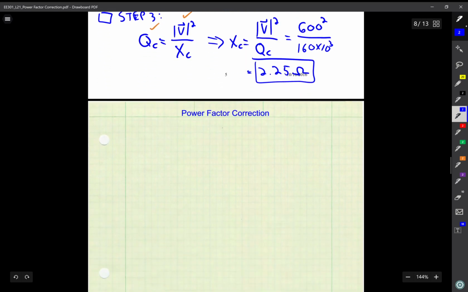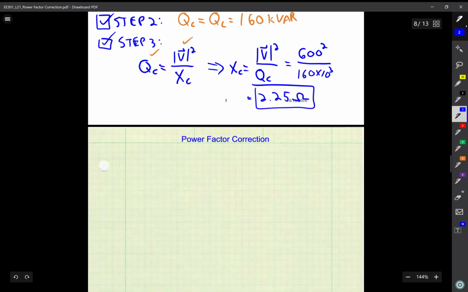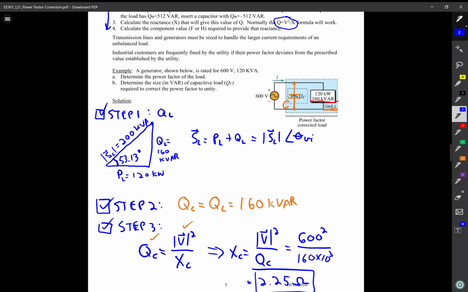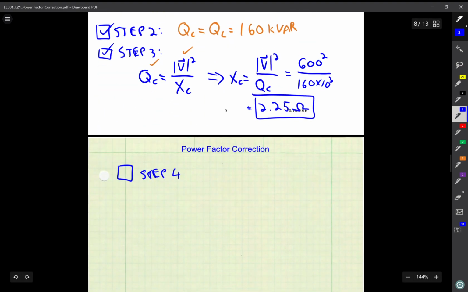Now, step four in the problem is then to take that reactance and find the actual value of, in this case, capacitance required to provide that reactance.